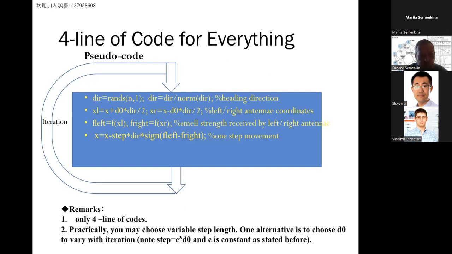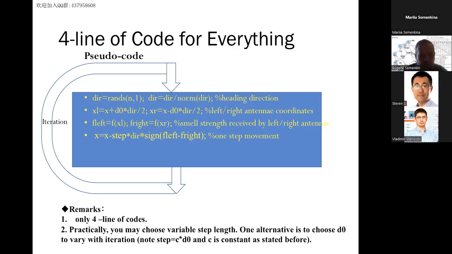The reason that it is possible to reach global optimization with this very simple rule is inspired by the fact that if a human is walking on the street following this rule, it will be able to climb up, like if I'm climbing a mountain, and my step length is long.